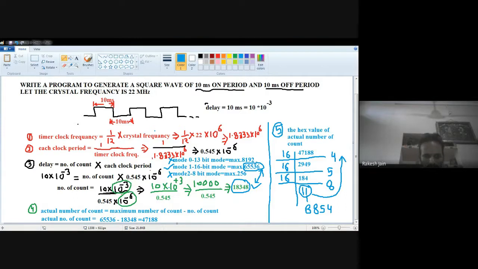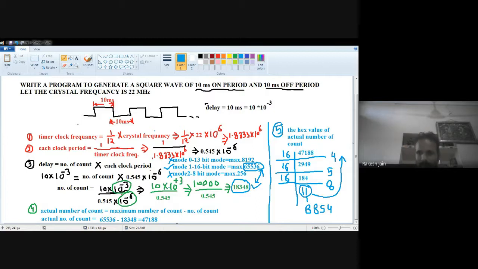47188 divided by 16 will be 2949 times, so 4 will be remaining.